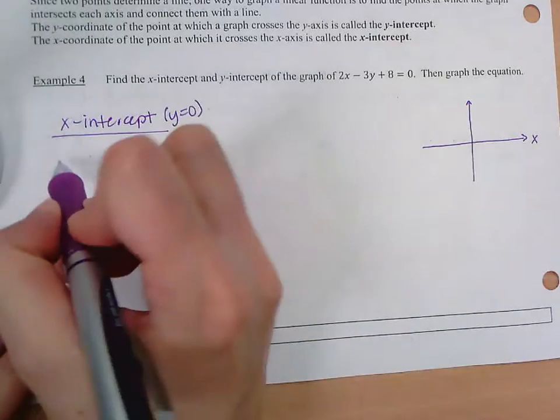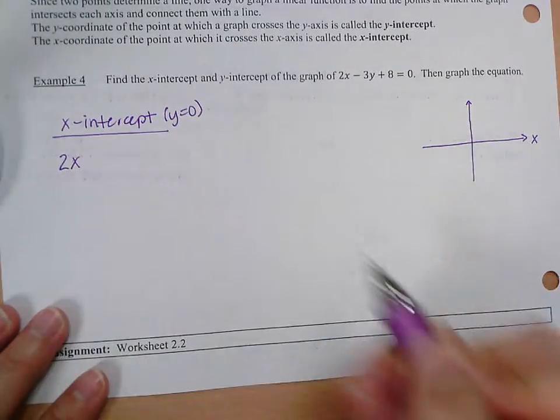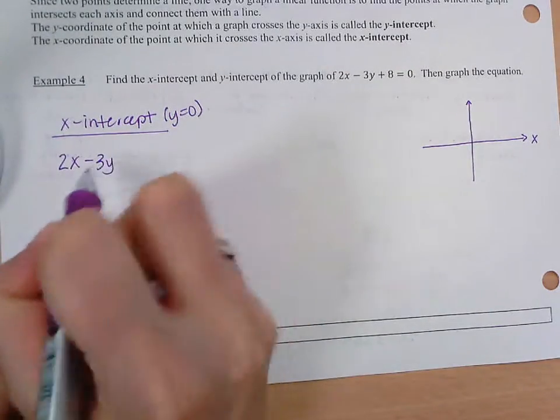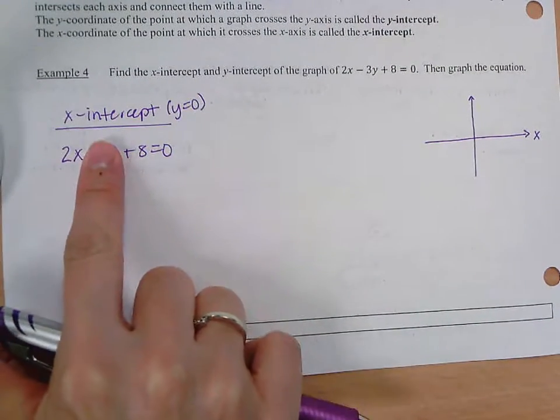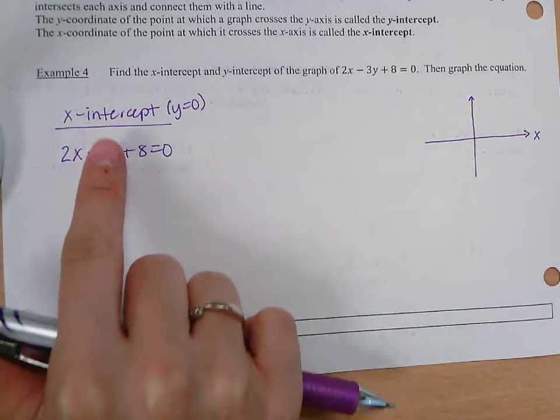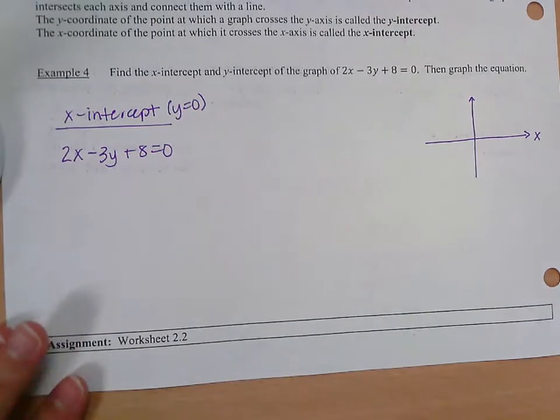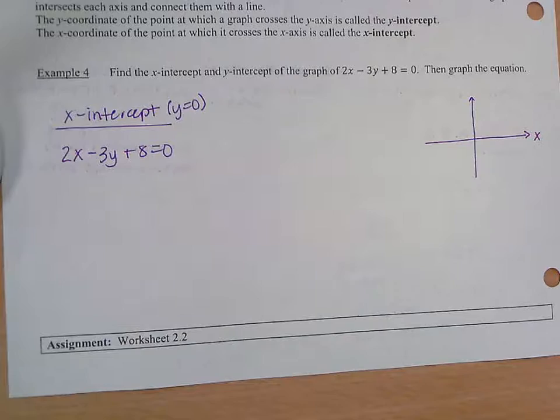I'm just going to rewrite the equation here. I often hear, oh, you cover up the y and then solve for x. The reason you're covering up the y is you're replacing it with 0, because that's what that y-coordinate is going to be.